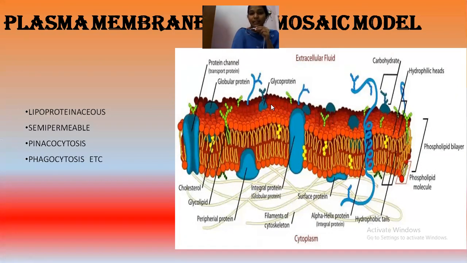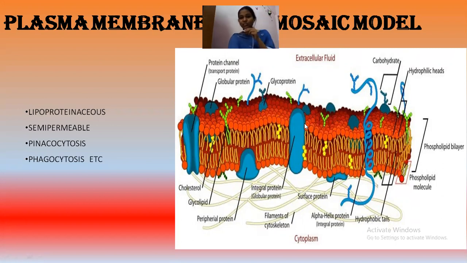So Singer and Nicholson has shown this lipid as the sea and these protein molecules as the iceberg. So as they are arranged as the integral parts of the proteins in the lipids, this is called fluid mosaic model. This fluid mosaic model by Singer and Nicholson explained the proteins as icebergs in the sea of lipids.